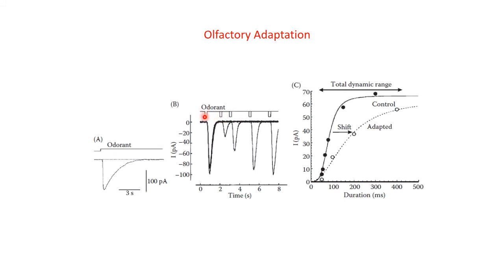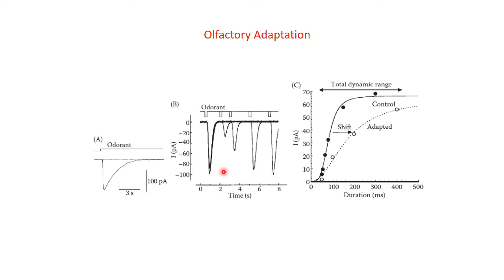So odorant applied at time 0 here shows this very strong response, and the same odorant applied 1 second or so later displays a much smaller response because of this phenomenon of adaptation. Now if the odorant is applied 2 seconds later, the response recovers. 4 seconds later recovers even more, and 5 seconds later the response is almost back to 100%.